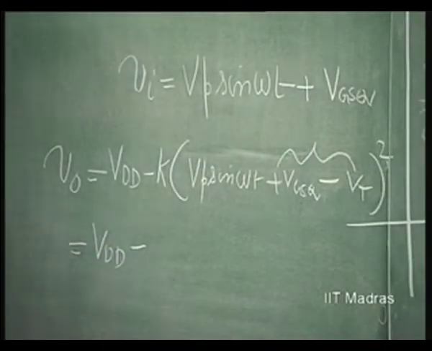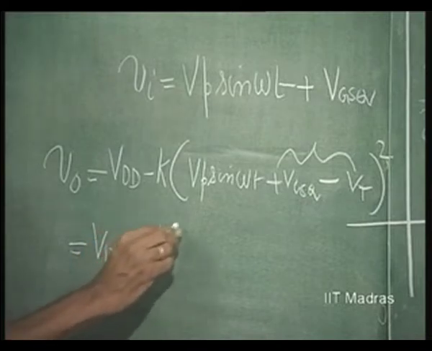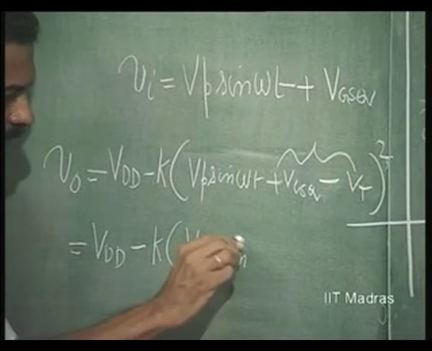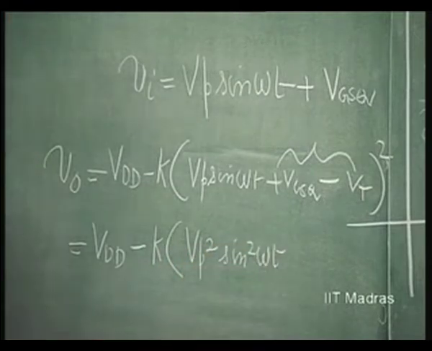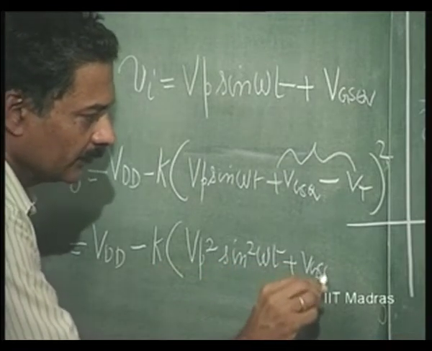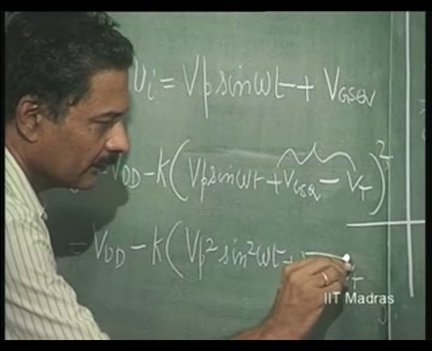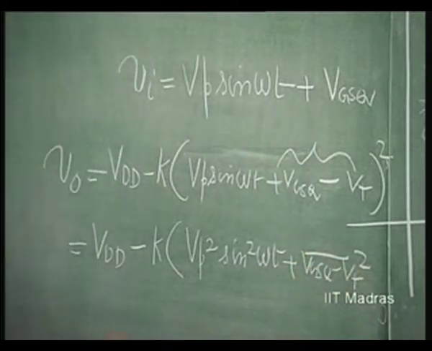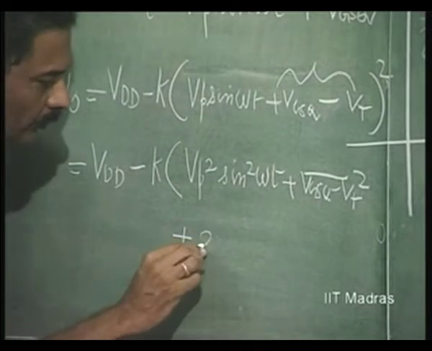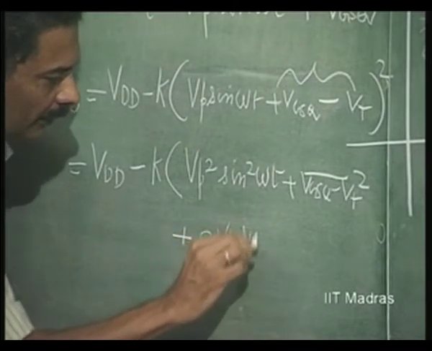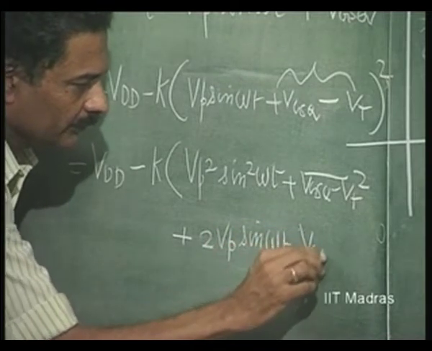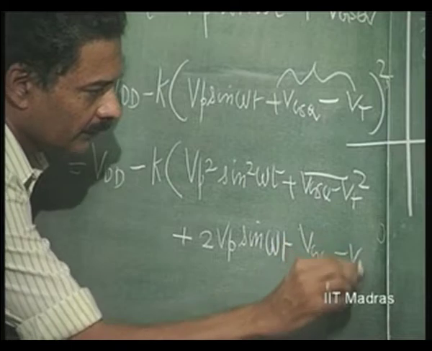So, we have this k times Vp squared sin squared omega t, plus VGSQ minus Vt whole square, plus what? 2 Vp sin omega t into VGSQ minus Vt.